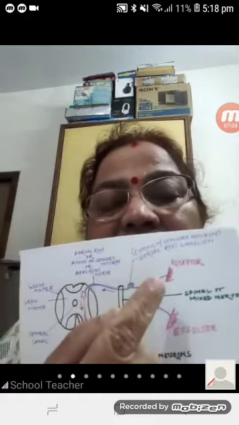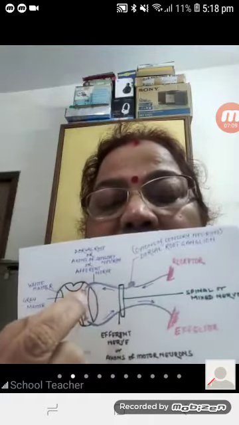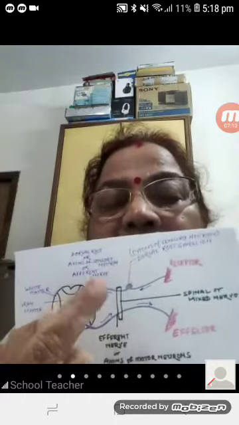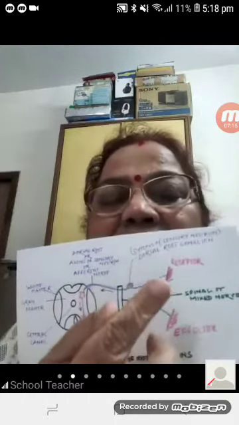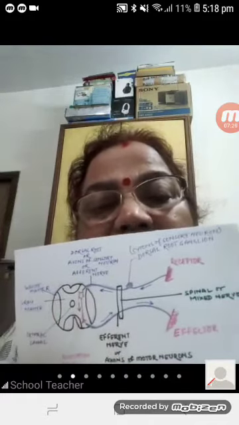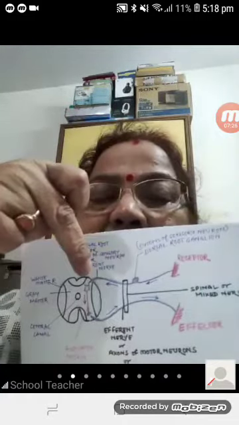So this is called as dorsal root. This dorsal root is made up of sensory neuron, because sensory neuron brings in the nerve impulse.